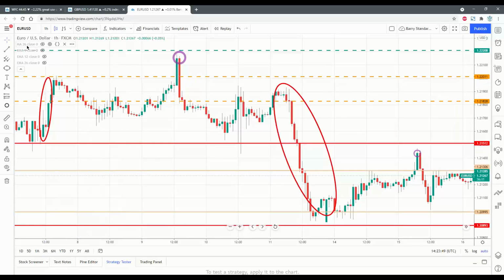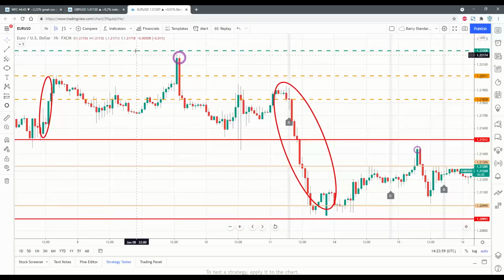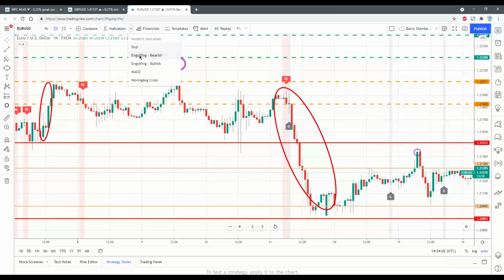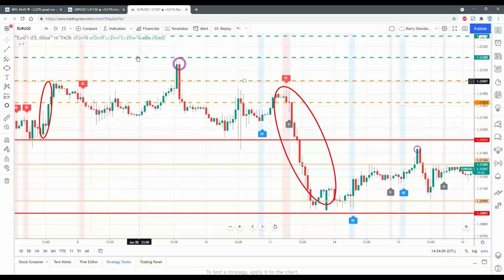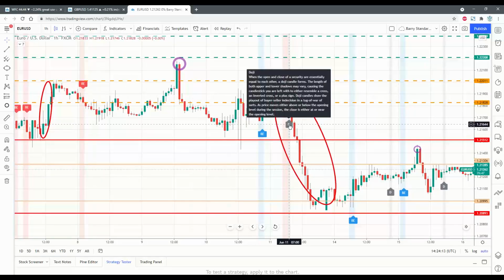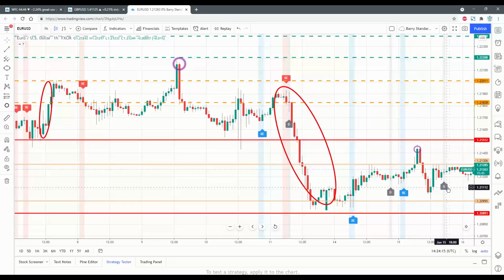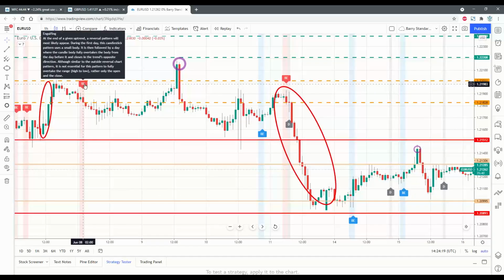All I'm doing is telling the computer, when this pattern develops on my screen, tell me. So as I click on my favorites, you can see the computer tells me, okay, we have a bearish engulfing, we have a bullish engulfing, we have a doji that formed, we have another doji. And if you want an explanation, just highlight it.